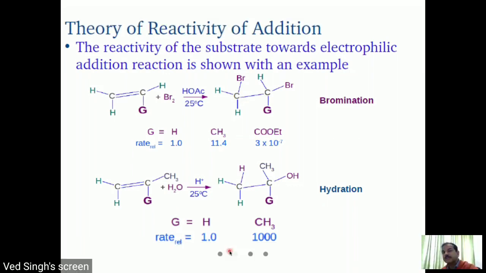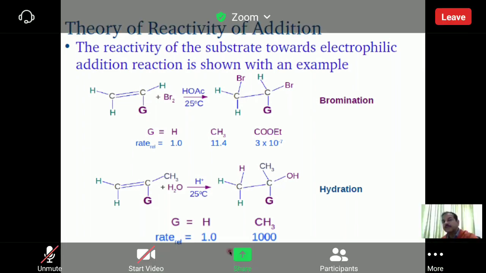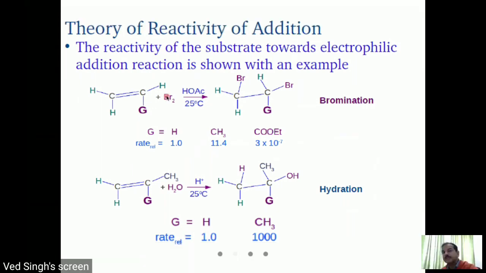So for the reactivity of the substrate towards electrophilic addition, we can see how bromine is going to react. How will bromine make a bond? It can attack this side, either this carbon or this carbon.